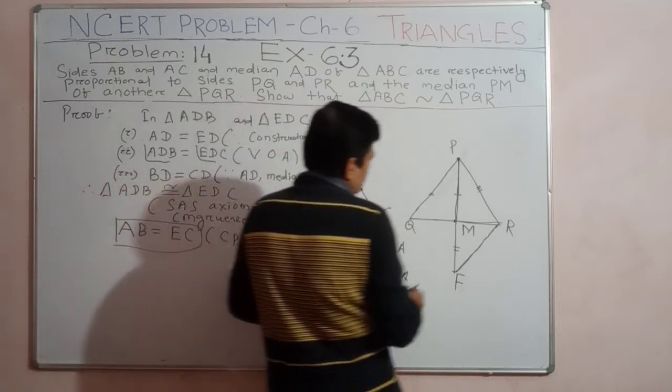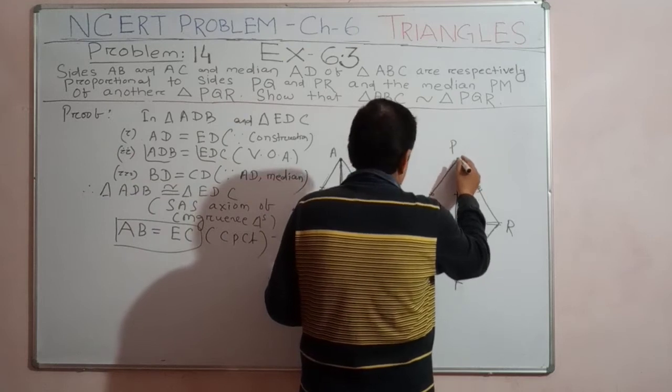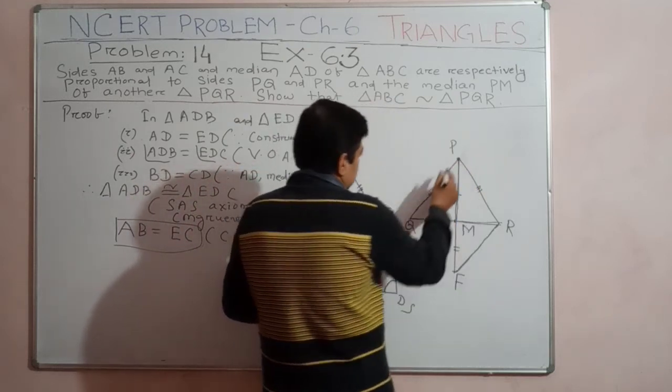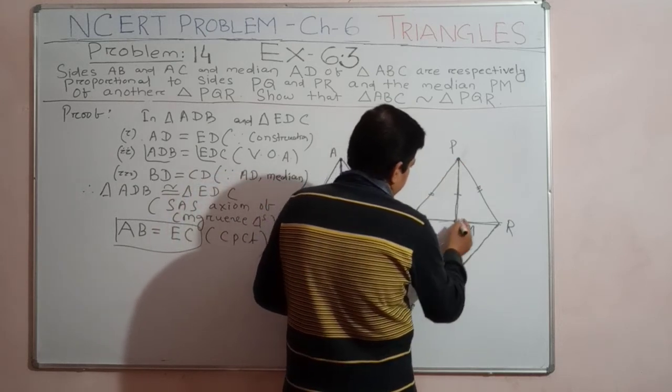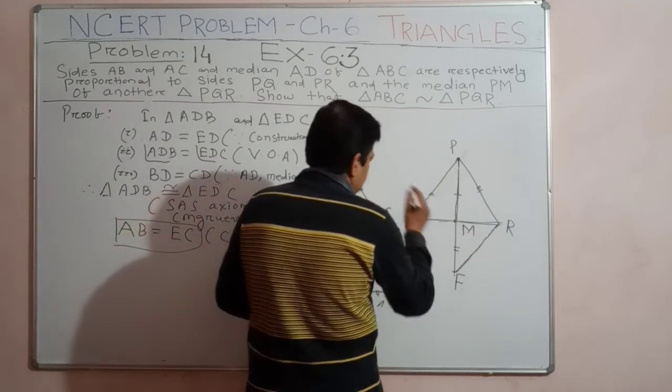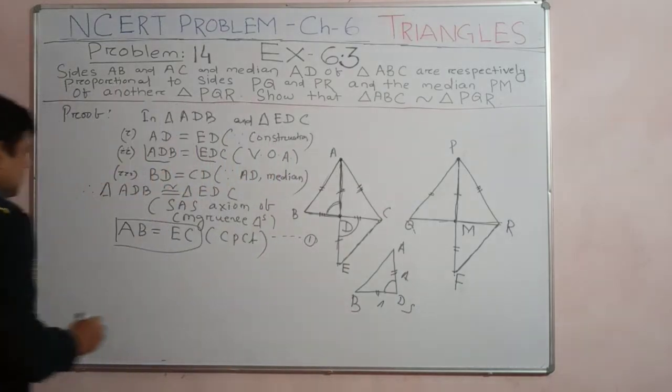Understand? Now similarly, can you prove the triangle PQM is congruent to triangle FMR? Can you prove?